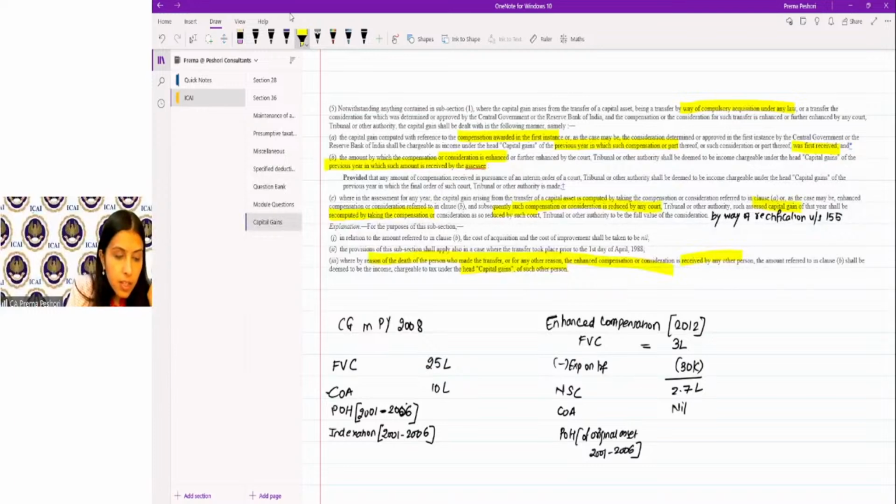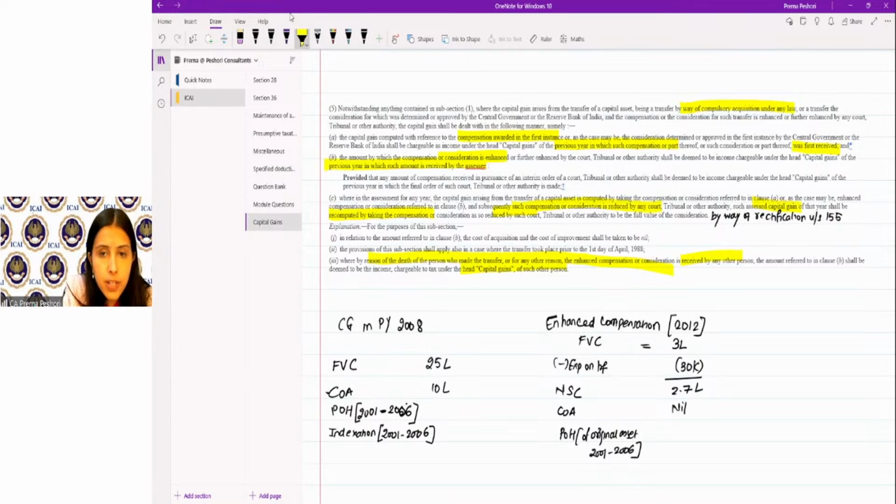Clear? Are we clear? So, in case of death, in that particular case, it will be taxable in the hands of the other person. Now, here, one very important point.